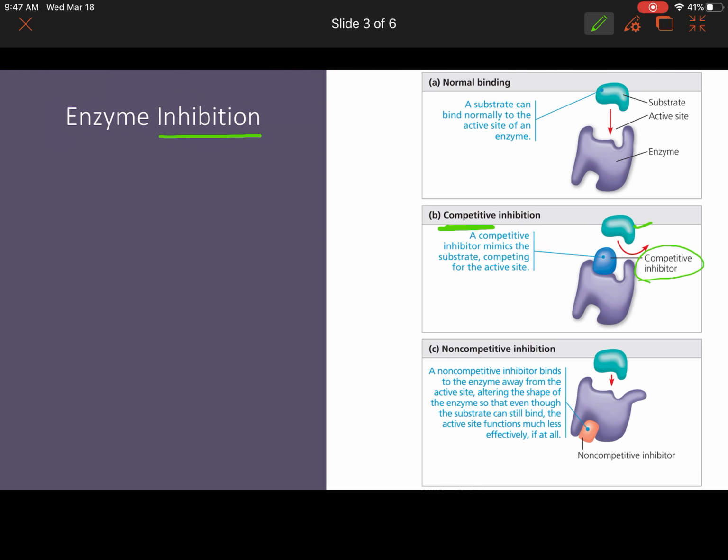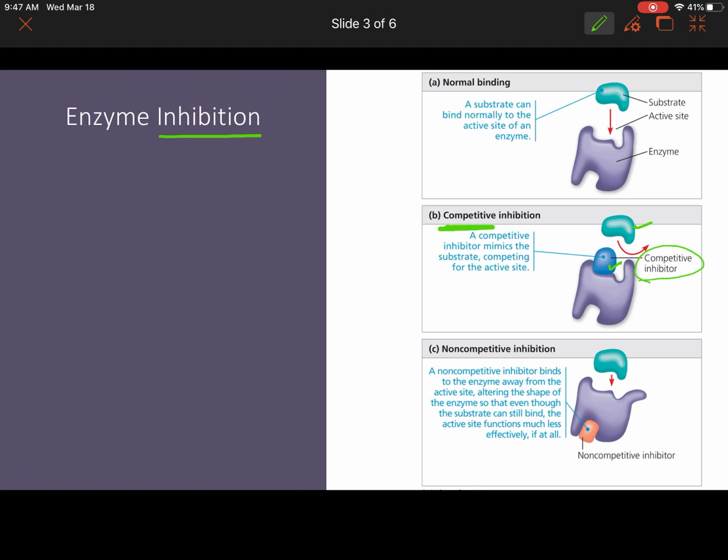So in this situation, the substrate and the inhibitor are competing for binding to the active site. They're trying to get to the same place. So in a competition, you can tip the balance of the competition in favor of one side or the other.